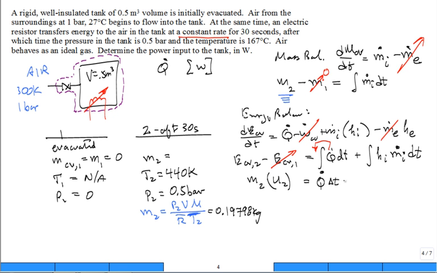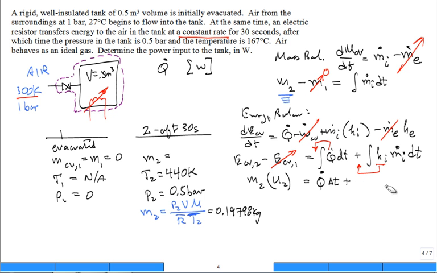And then we're going to come over here. What do you think we do here? Is the enthalpy of the air that's coming into the control volume changing? Or is it always 300 Kelvin air at 1 bar coming in? It's always 300 coming in. So this is just the mass.